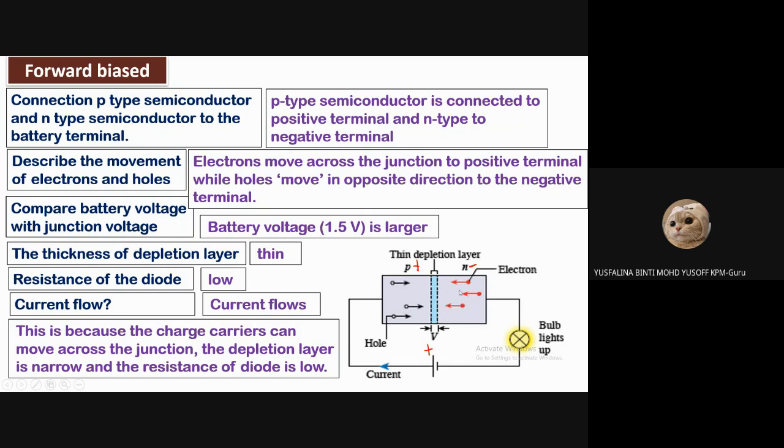If the depletion layer is narrow, it means the junction voltage is lower, so the resistance also becomes low, because the holes and the electrons can move freely. So the depletion layer becomes thin and the current will flow because the resistance is low. That is what happens in forward bias.